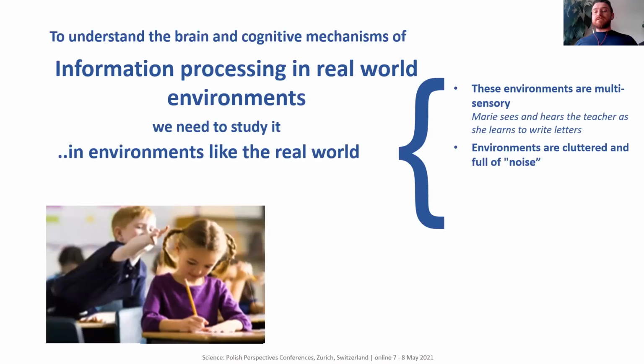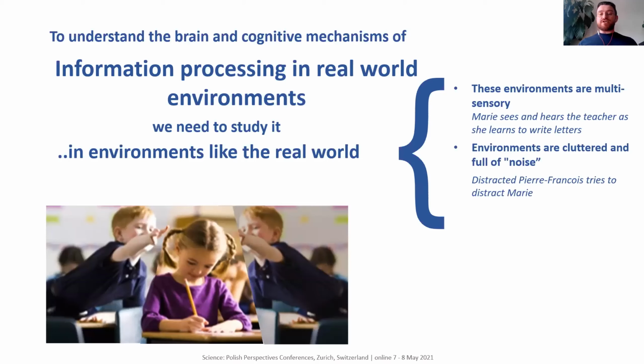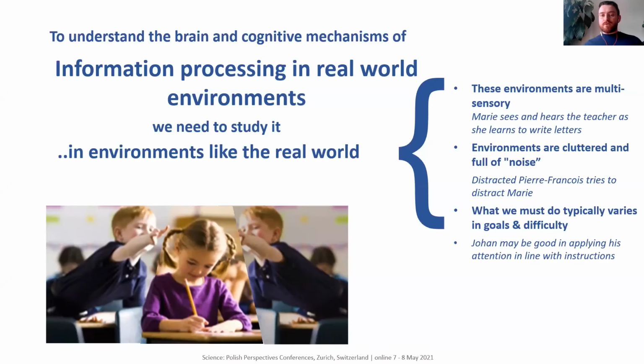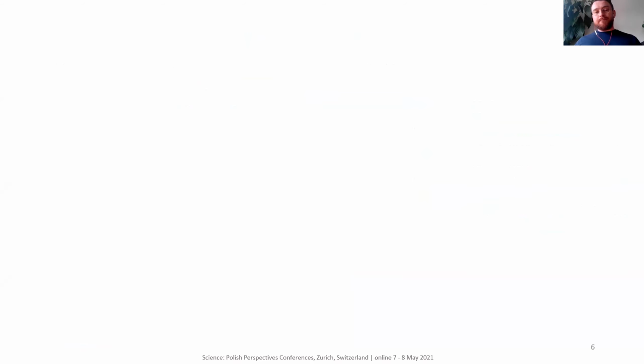But those environments are also full of noise, and so our distracted Pierre-François is also trying to distract Mary. And finally, there are frequent changes in goals and difficulty. Our Johann has shown that one can be very good at changing your attention in line with the instruction.